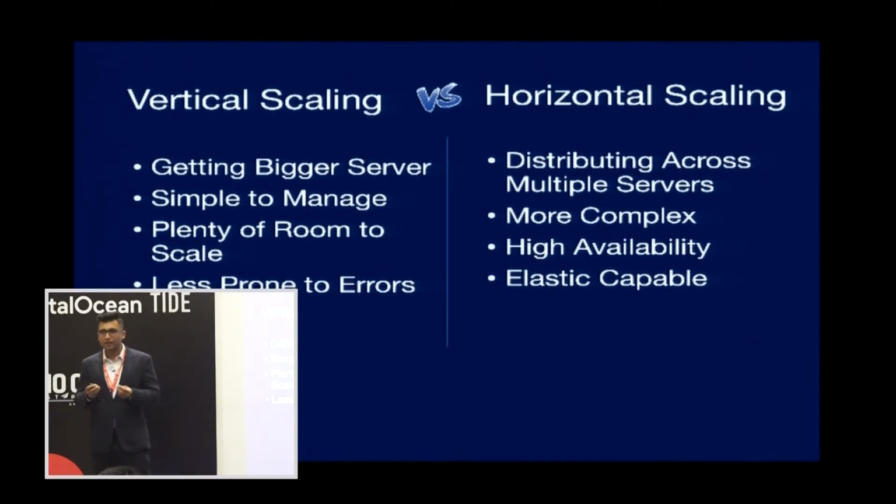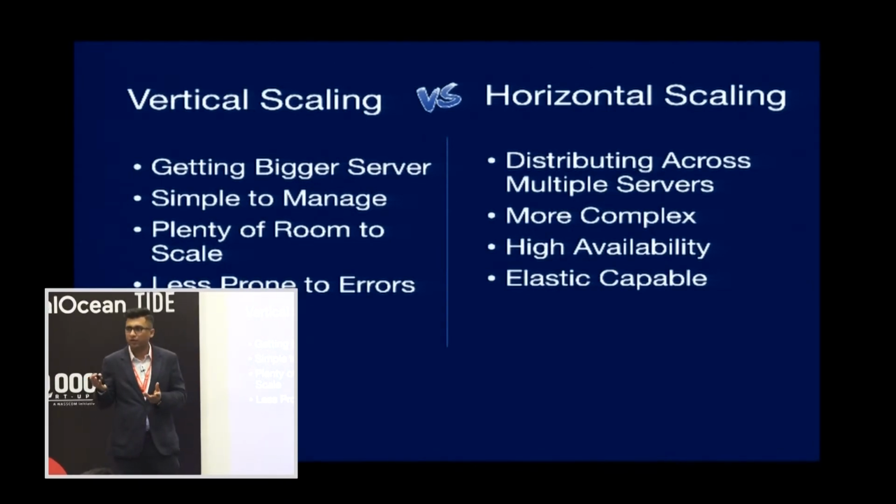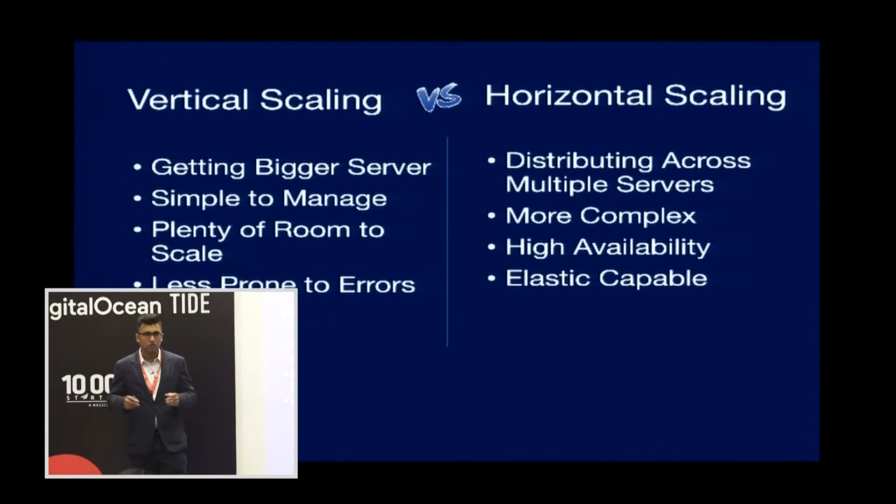For everybody else who wants some sort of high availability, you want horizontal scaling, because in vertical scaling you had a single point of failure. If that particular machine goes down, whatever you have done, it stops working. In horizontal scaling, you can have those sort of failovers, so whatever application you have will not fail. It is a bit more complex, and you really have to know what you're doing.